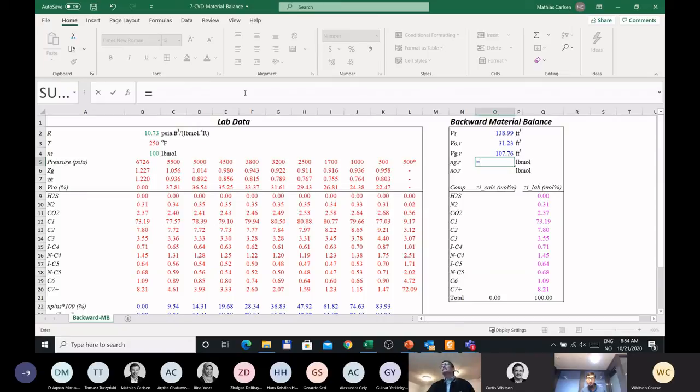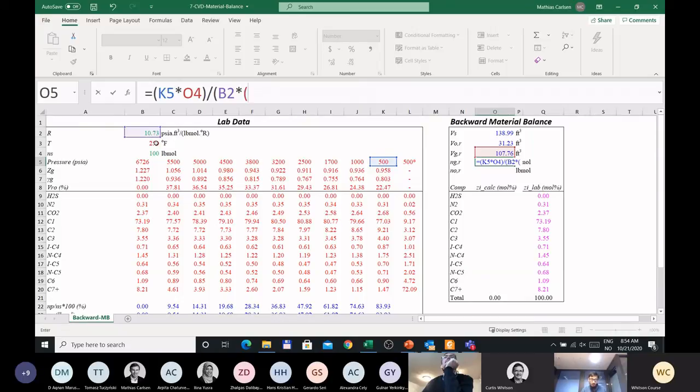So we know the pressure, 500 psi, multiplied by the volume, and then we just divide it by Z and R and T. So we have the R here.